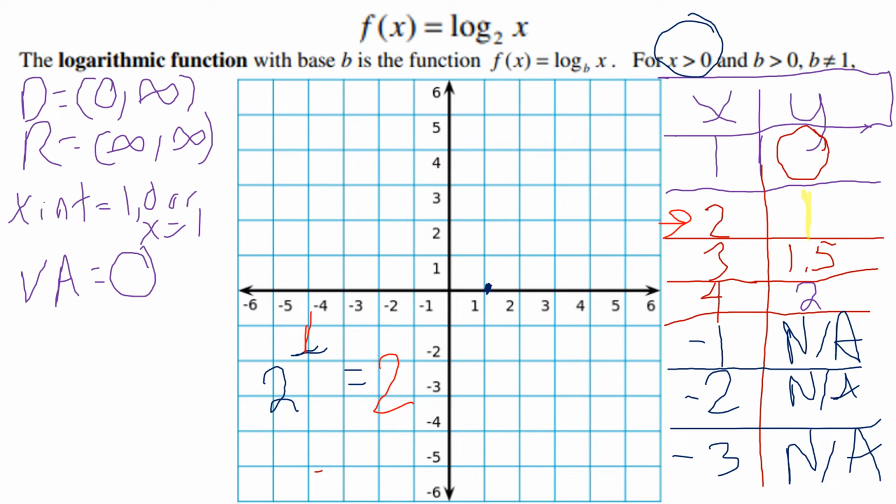3, 1.5, and then 4 to 2. So it looks something like this when you draw your points. Again, y'all know I can't draw.